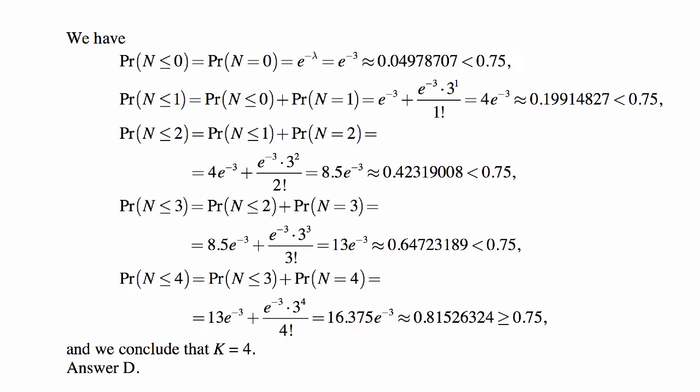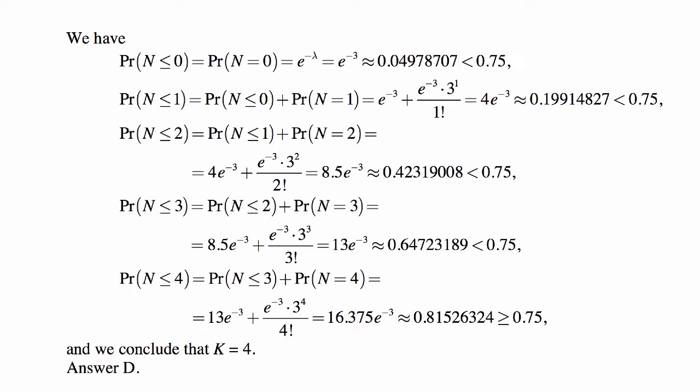For N less than or equal to 1, it's the previously calculated probability that N is less than or equal to 0 plus the probability that N is 1. We can combine the terms that have e to the negative 3 in them, so that altogether ends up being 4 times e to the negative 3.